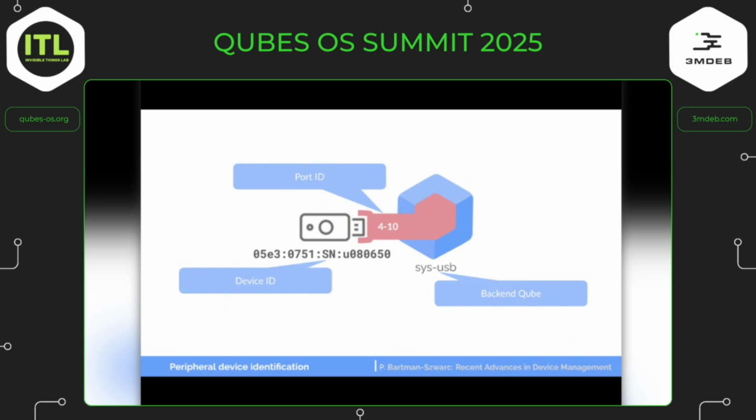So if you have the frontend cube, backend cube, port ID and device ID, we can talk about an assignment or attachment. This is only an example, and I want to go deeper into the difference between attachment and assignment, because there was still some confusion about when we want to use which one.